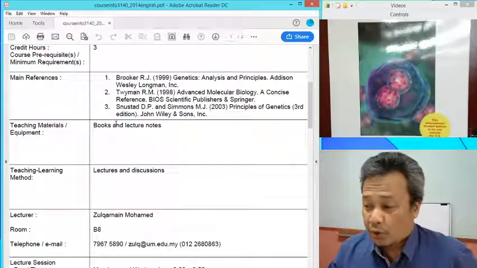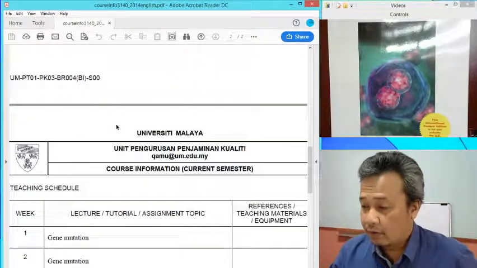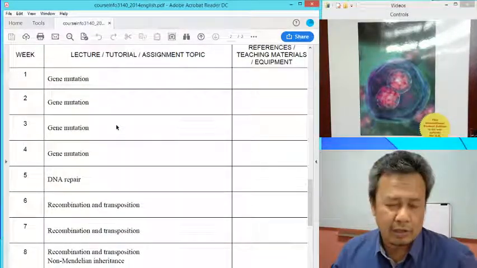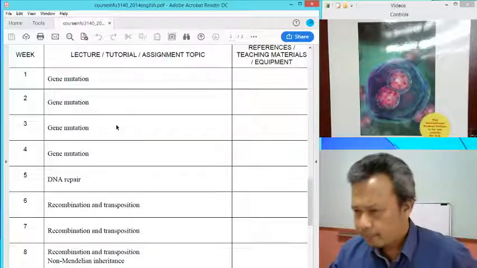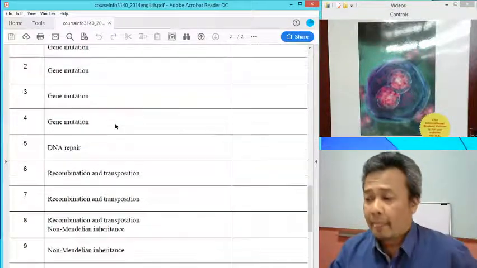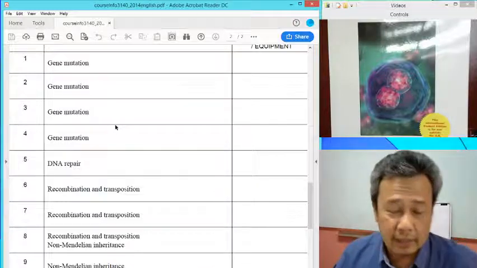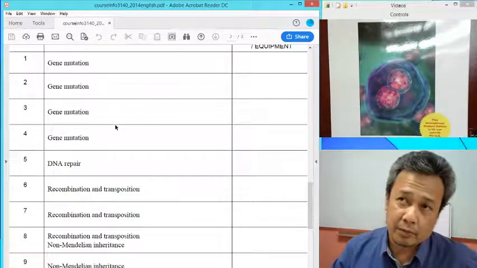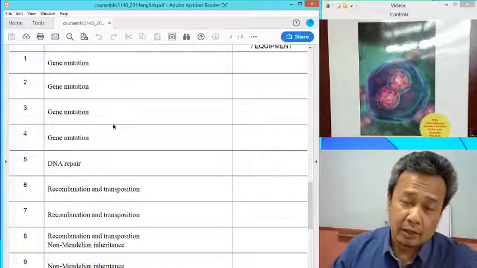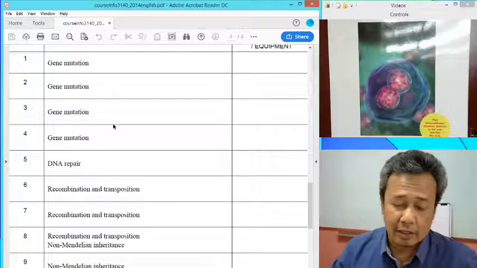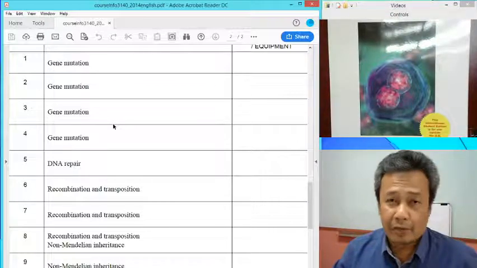So this course will revolve around these topics. We're going to look at gene mutations, and of course DNA repair, and then a little bit of experiments to determine whether mutations occur by physiological adaptation or by spontaneous mutation.